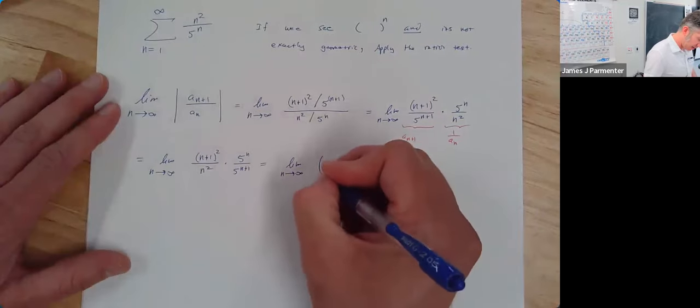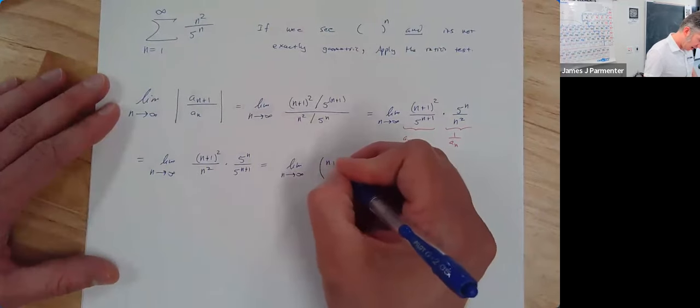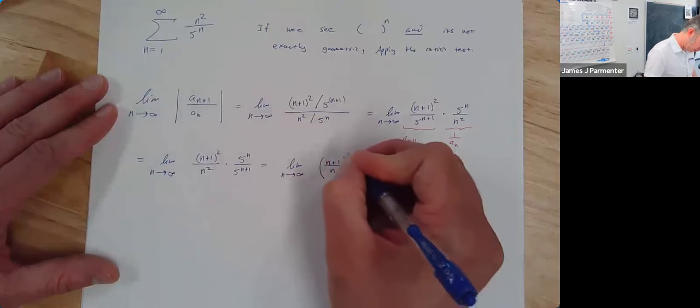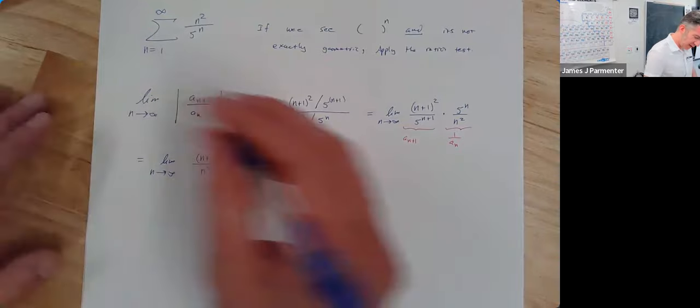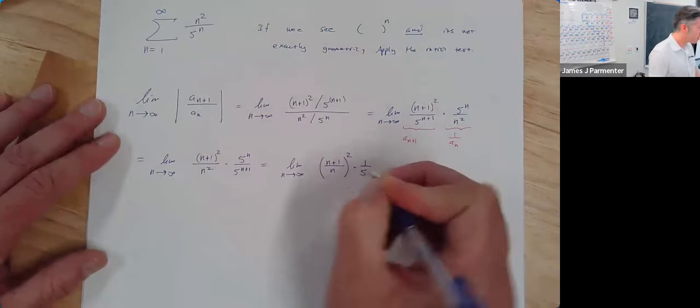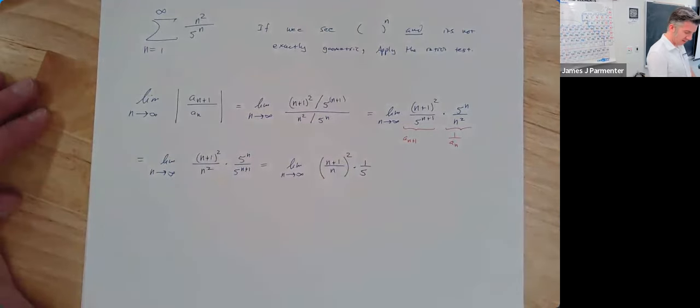So I could actually write this as the limit as n goes to infinity of (n plus 1 over n) squared. What's 5 to the n divided by 5 to the n plus 1? It is 1/5. Right? Subtracting those powers, you get 5 to the negative 1, which is 1 over 5.